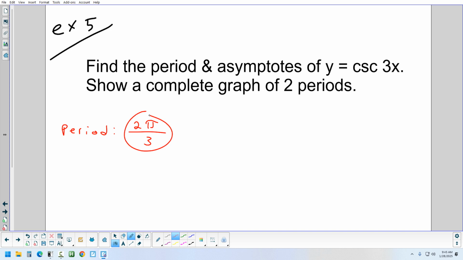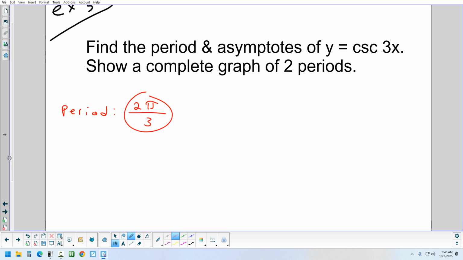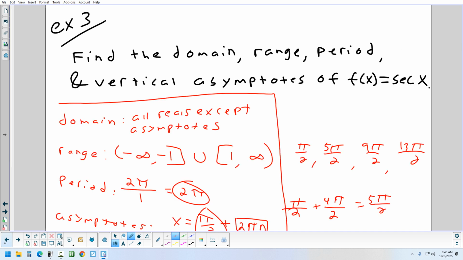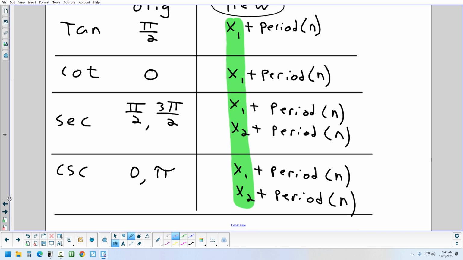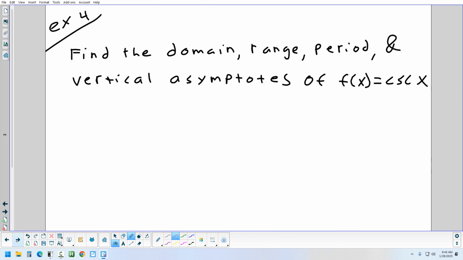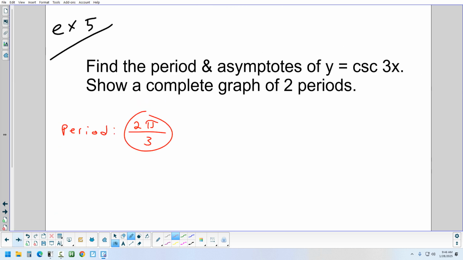Okay, now, find the asymptotes. Where are the two original asymptotes for cosecant? Yep. 0 and pi. The two original asymptotes are 0 and pi. We're going to set each one of those equal to what?